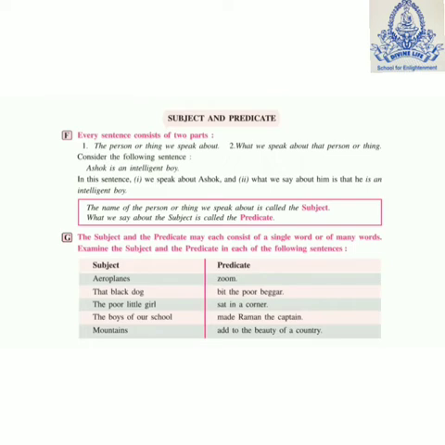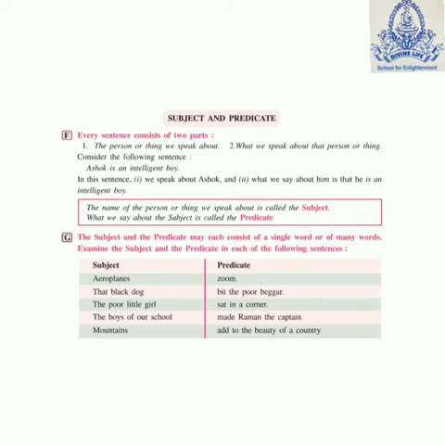Now we will go through them. The first, in subject here it is written aeroplanes. This is a subject, because we are talking about aeroplanes. Now what does an aeroplane do? Aeroplanes zoom. So zoom is the predicate. Now in the second example, that black dog bit the poor beggar.